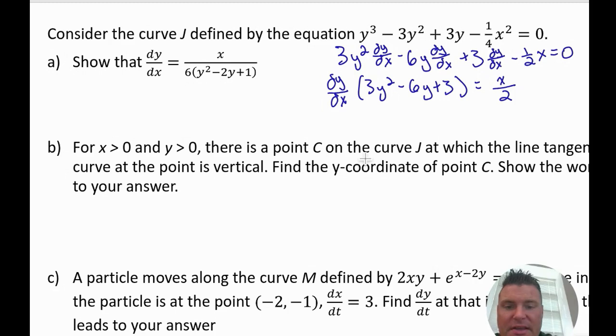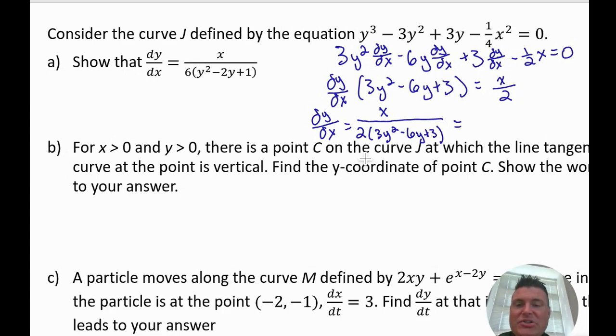So I'm going to get dy/dx equal to, we're going to divide that over so you just have the x on top, all over this 2 times 3y squared minus 6y plus 3. Now this is totally correct, but the only thing is it does not necessarily match up. So to match this up, we're going to take out a GCF of the denominator, which is a 3.